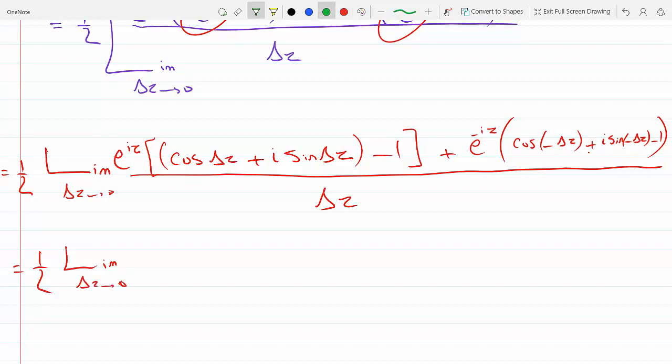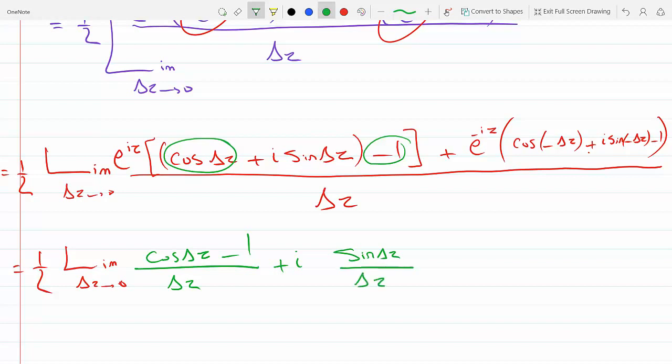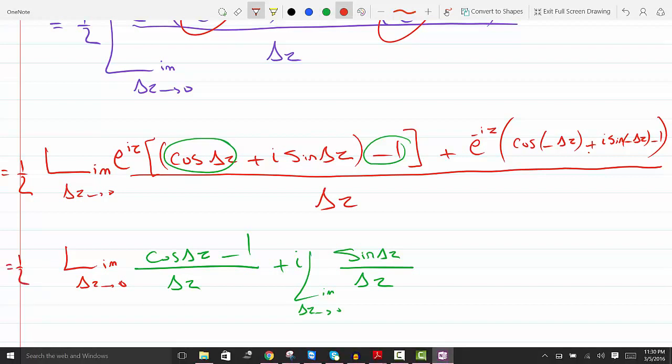We will take this together with this, so this is cosine delta z minus 1 over delta z, and I will distribute the limit, so the second one will be plus i sine delta z over delta z, and this one also has a limit as delta z goes to 0, and this whole thing is multiplying, let me write it here at the beginning, e to the iz.